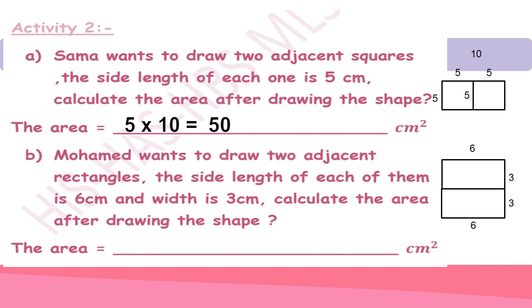Okay, I can make here also side by side or length by width, like this. 3 and 3 is 6, so I can make 6 by 6 equals what? 36 centimeters squared. So the area is side by side or length by width, in a rectangle or square.